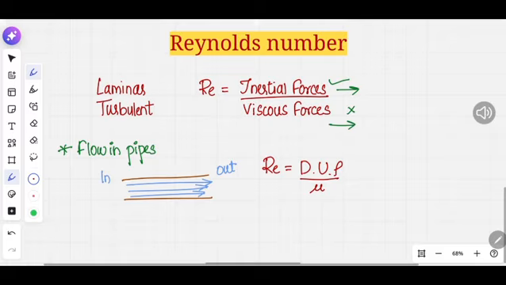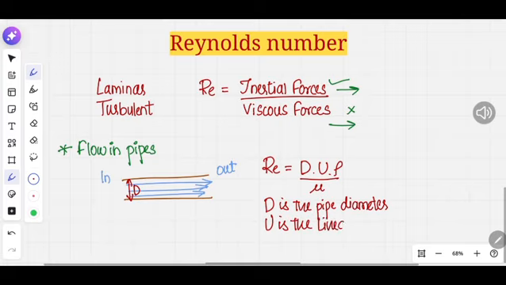Here are the key variables. D is the pipe diameter, the diameter of the pipe, and U is the linear velocity of the fluid.